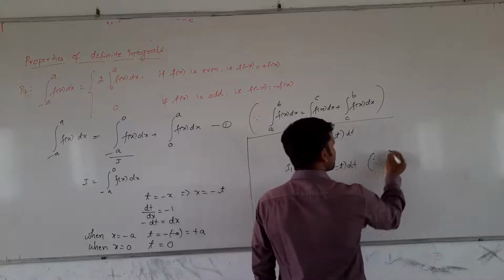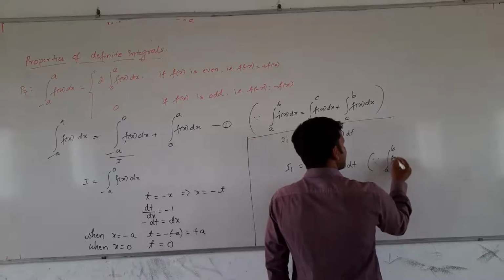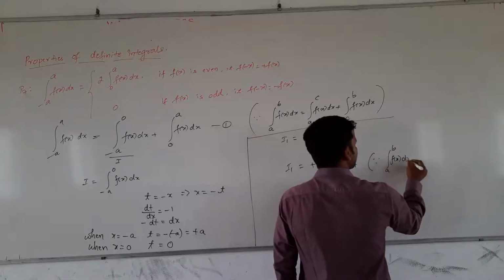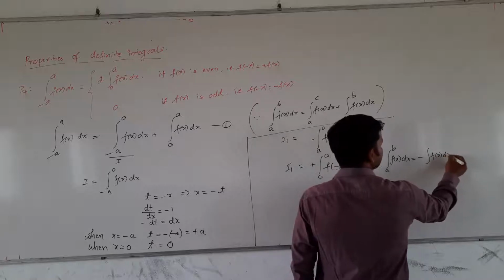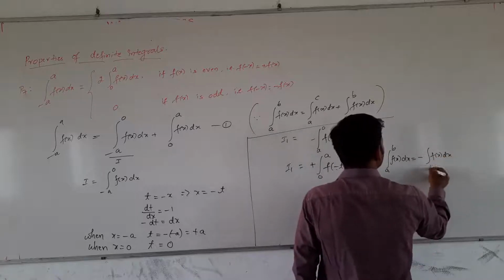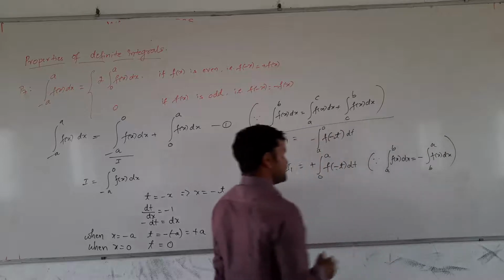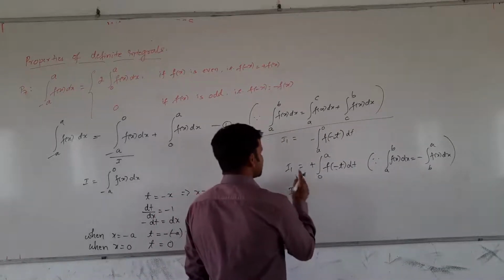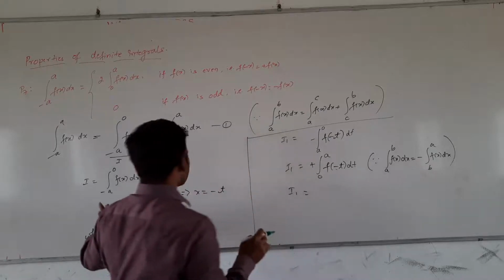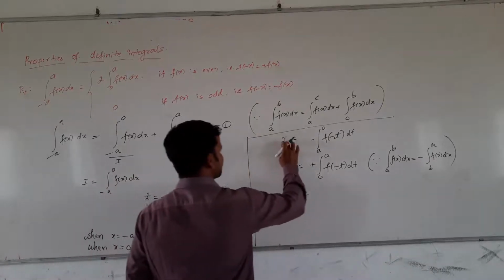You write here because integration of f of x from a to b with respect to x is equal to minus of integration of f of x with respect to x from b to a. We know this. Okay. Now I is equal to, sorry, it is not I1, here I took it as I, let us write I only.